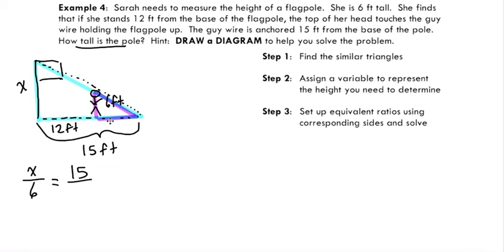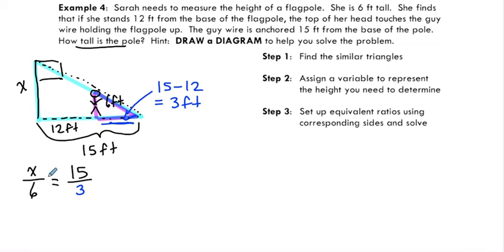But how do I know how far this distance is right here? Well, if I know that the entire distance is 15, and I know that Sarah is standing 12 feet from the pole, then I can find this missing measurement by taking 15 and subtracting 12. And that gives me a distance of 3 feet. So the measurement of the base of my smaller triangle is 3.